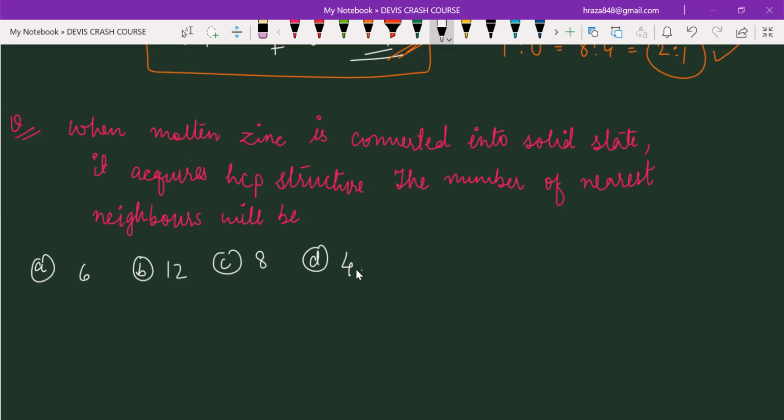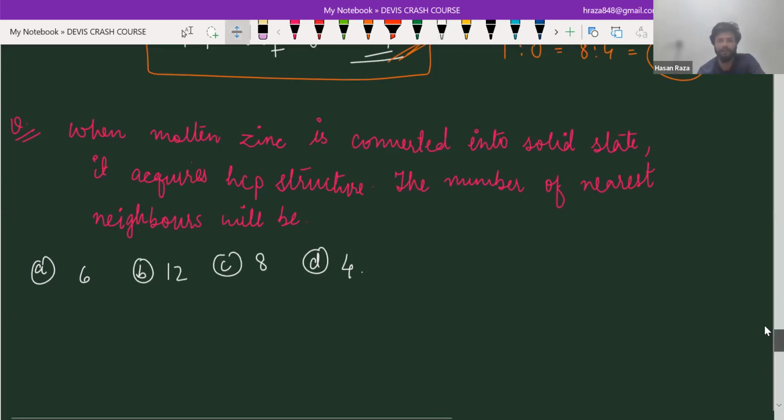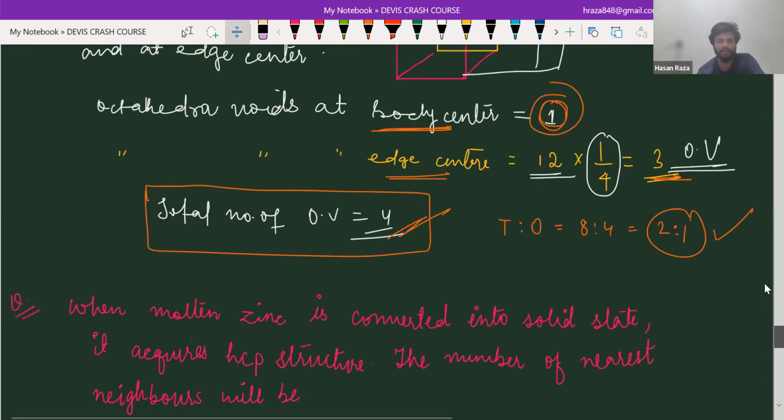Is it HCP? It is octahedral. No, not tetrahedral. It is HCP and CCP. I wrote it. The nearest neighbor in radius ratio.